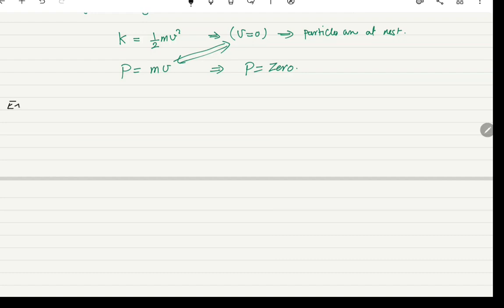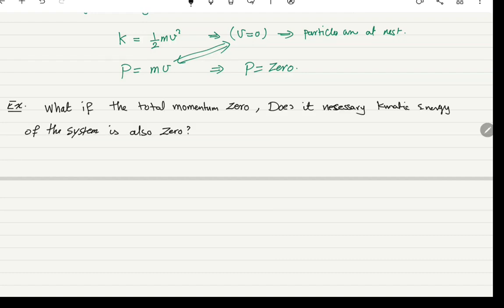Example. It's the opposite of the previous example. What if the total momentum is 0? Does it necessarily mean that the kinetic energy of the system is also 0? Remember, momentum is a vector quantity. So when you add up vector quantities, sometimes the momenta add up to 0, but that doesn't mean the particles are at rest.